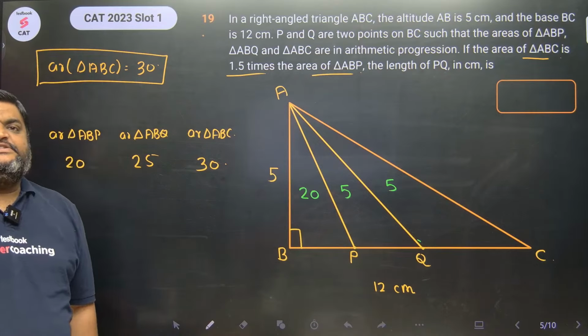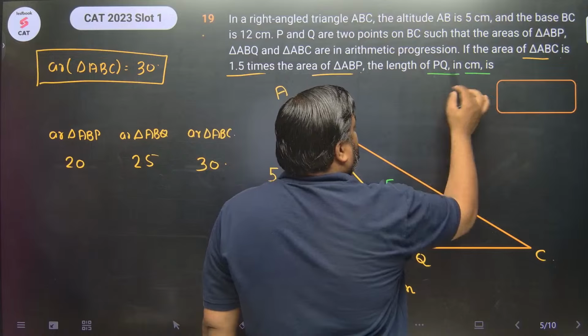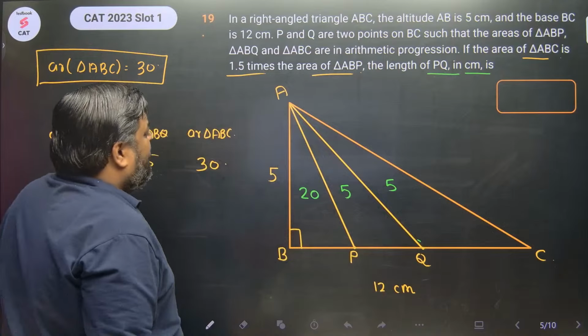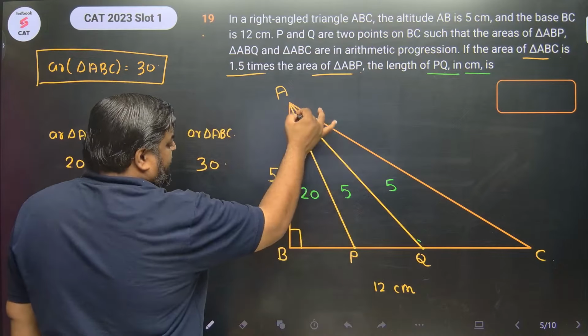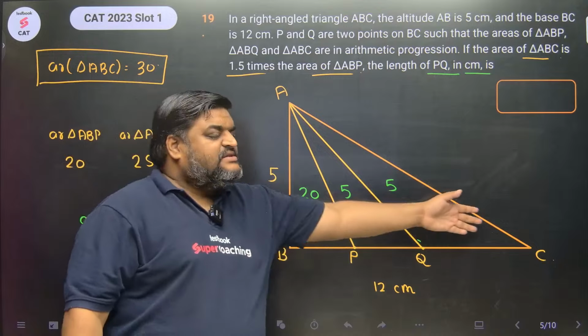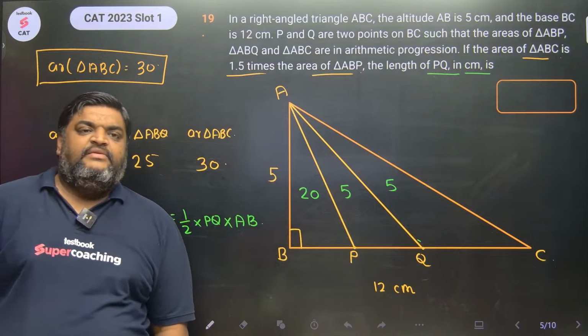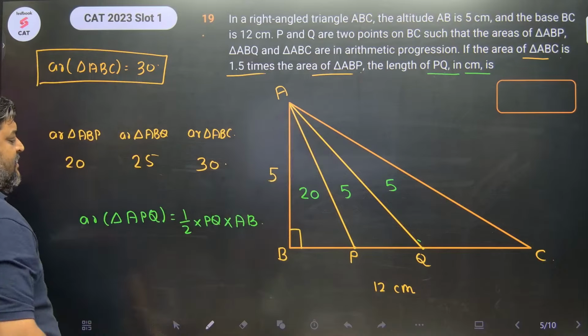What is asked? The length of PQ. What is the area of triangle APQ? The area of triangle APQ is equal to half into base into height. Height is AB only. AB would be the height for all of these triangles.